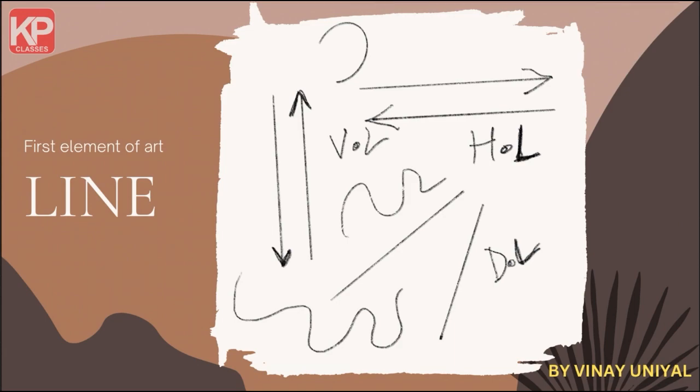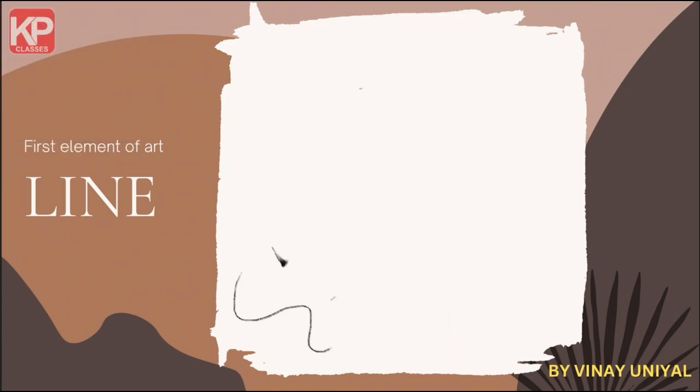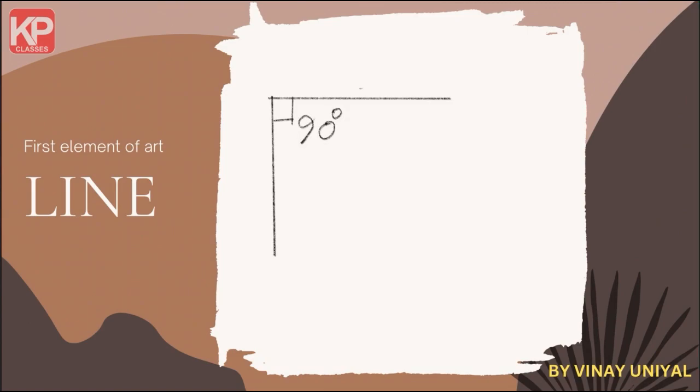Now we'll discuss more about lines. I would like to tell you one thing. First of all, there is a connection between a vertical line and a horizontal line. You should know this. Whenever you are making a vertical and horizontal line together, the angle between them is always a 90-degree angle. For example, I'm making here a horizontal line and making a line which is moving like this.